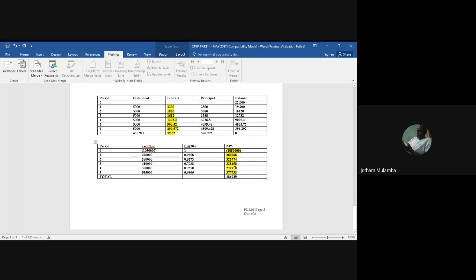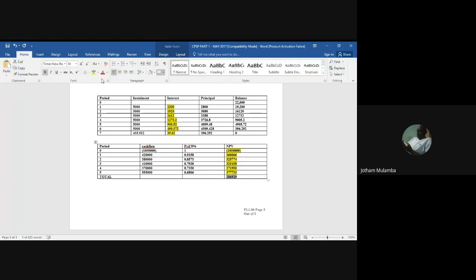To confirm? Tumepata the same figure? Francisca, have you gotten the same figure? No. What have you gotten? I'm getting 610,981. You are getting 610? 981.